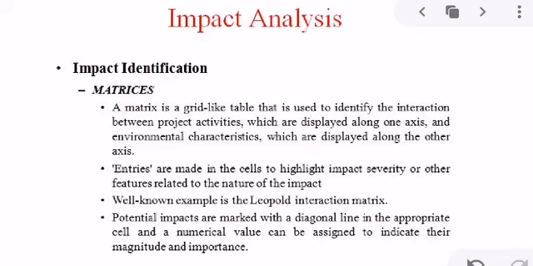A well-known example is the Leopold interaction matrix. The potential impacts are marked with a diagonal line in the appropriate cell, and a numerical value can be assigned to indicate their magnitude and importance. This is what I mentioned earlier. A numerical value can be assigned to indicate their magnitude and importance. So the greatest drawback of matrices is that they can only effectively illustrate primary impacts.